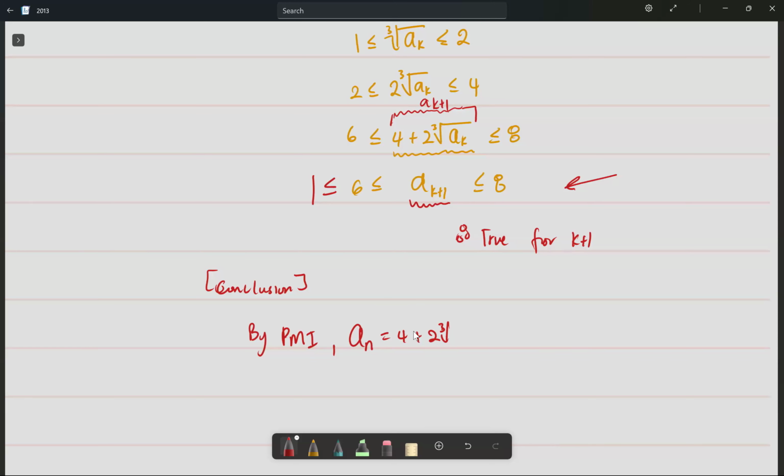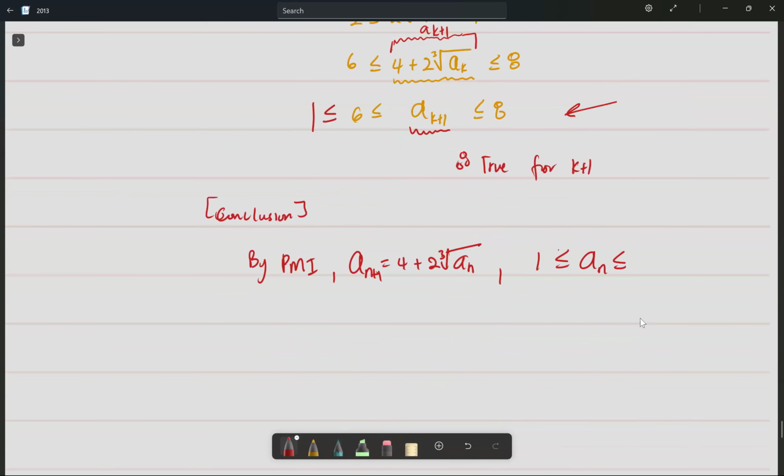By PMI, a of n equals 4 plus 2 cube root of a n plus 1. That's what I was missing. a of n will have 1 less than a of n less than or equal to 8, where a of 1 is equal to 1 for all n in the set of positive integers.